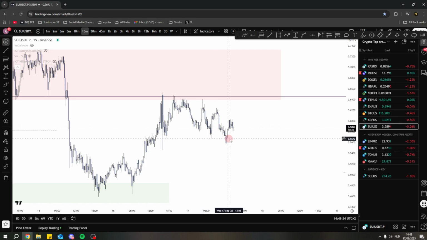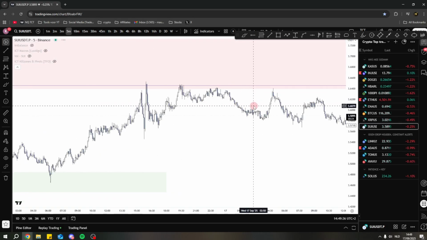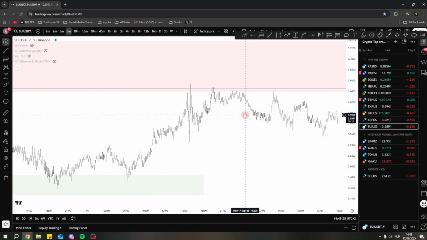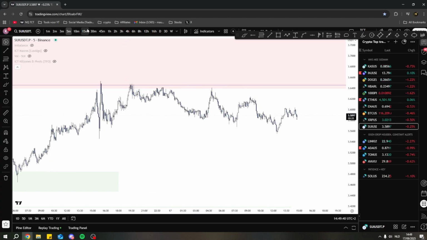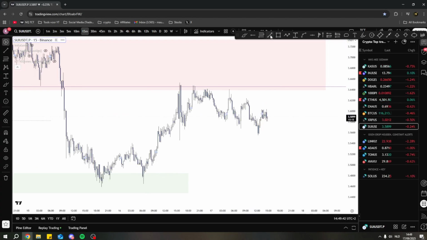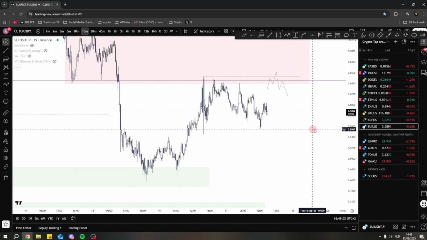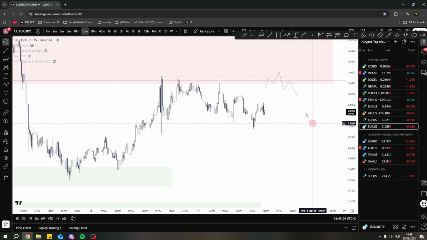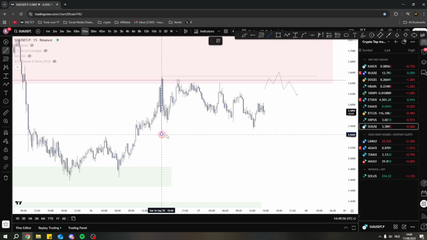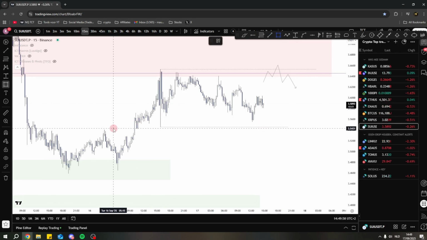So what I would be waiting for here, let me see what this wick actually is because it's really ugly. This is what I am waiting for on SUI.